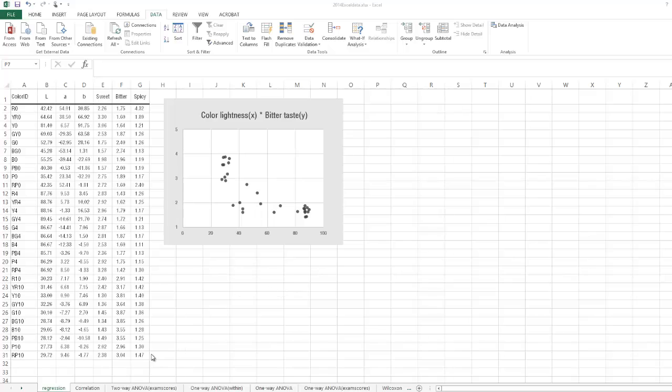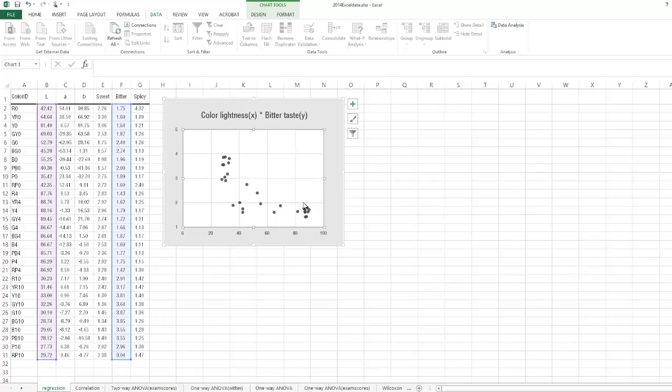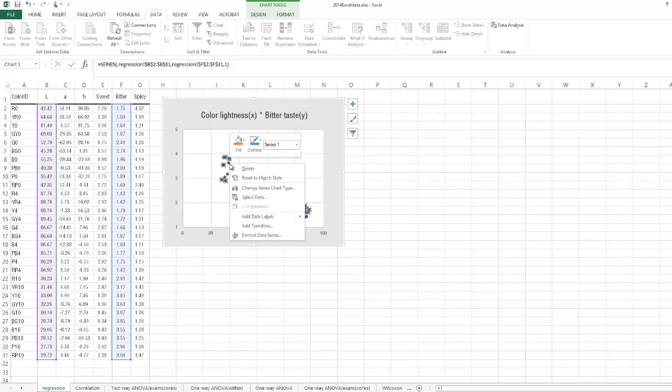Okay, I copied the data in an Excel sheet, and I will show you a wonderful function of Excel. So simply you draw this scatter plot, and I used the data set of these two columns, and you click the data points, click your right button and add trend line.